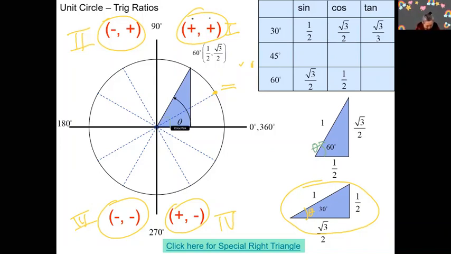So this is a 60, and this will be measured as a 60. Then now the adjacent leg of 60 is 1/2, and the opposite leg is radical 3 over 2. So the coordinate goes adjacent leg 1/2, opposite leg square root 3 over 2, right?